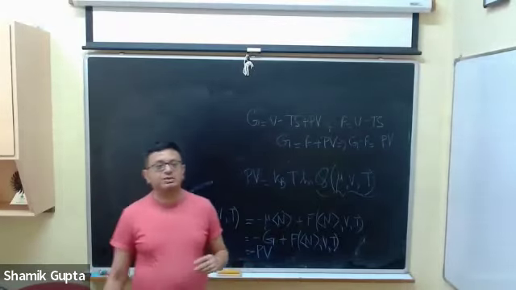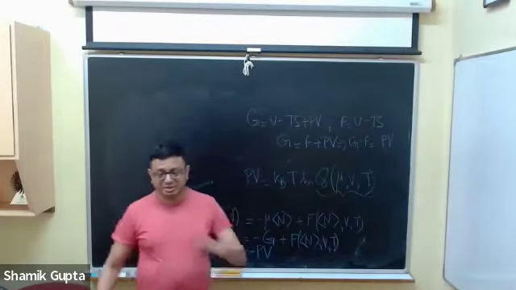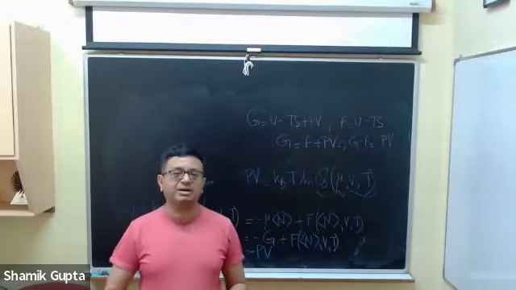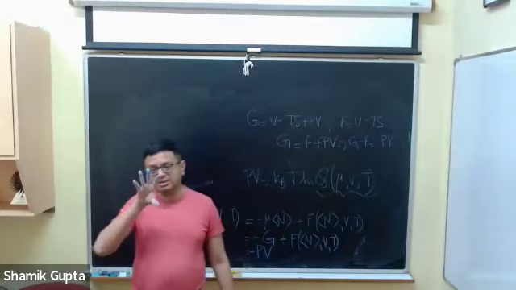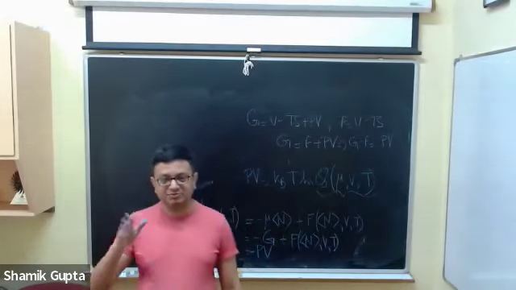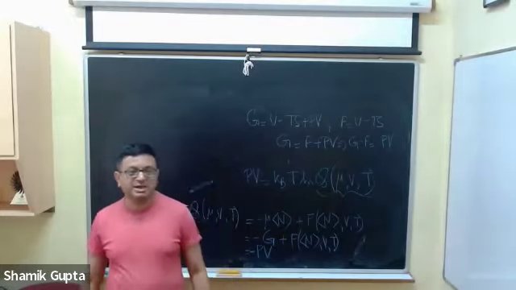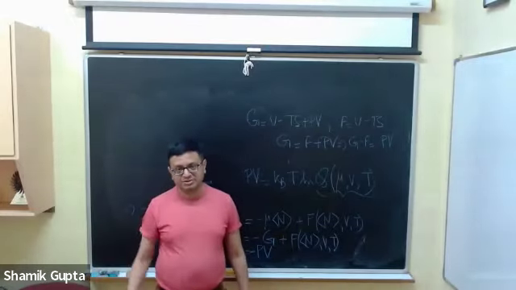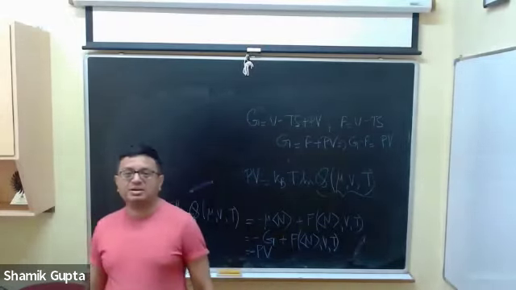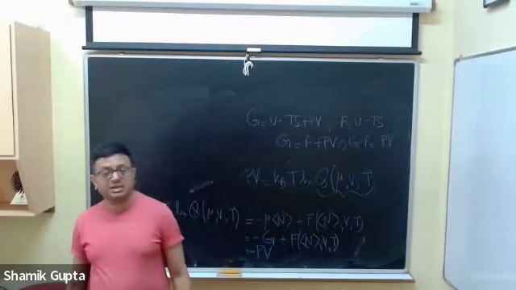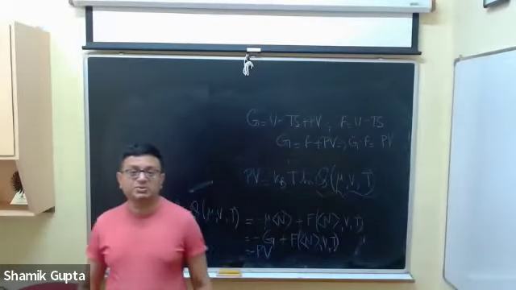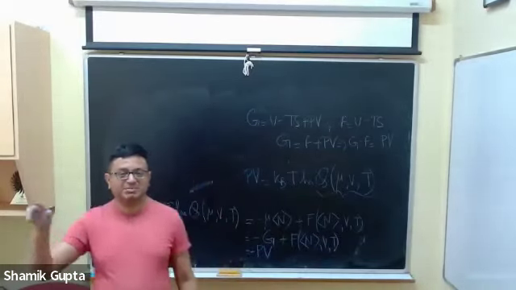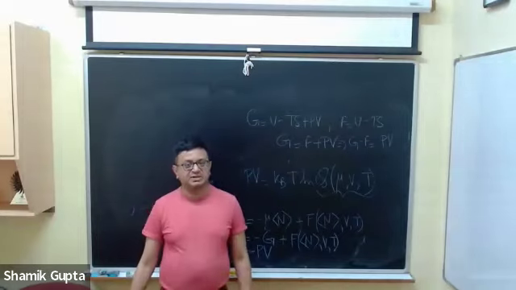Then we moved on to the setup today in which the system is in the microcanonical ensemble, and we were interested in finding out the phase space density of a part of this big system, which is continuously exchanging energy with the rest of the system. And this allowed us to define what is known as the canonical ensemble, for which the phase space density is given by e to the minus beta H divided by the canonical partition function.